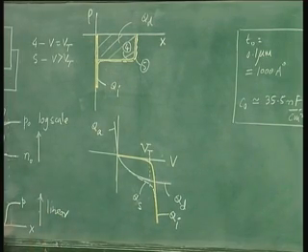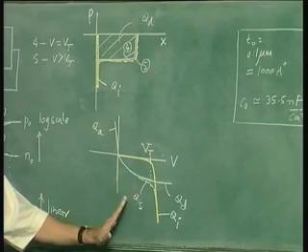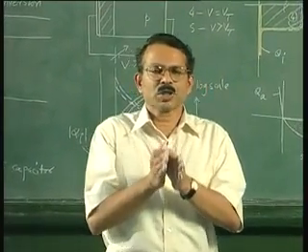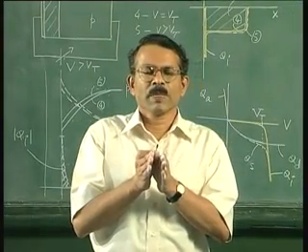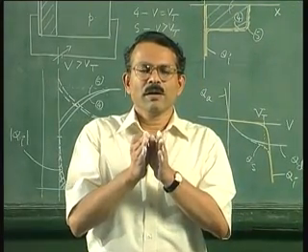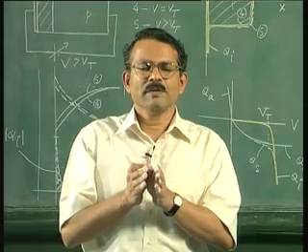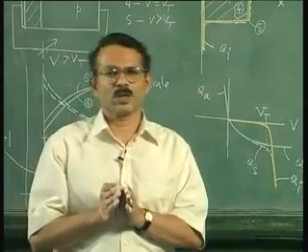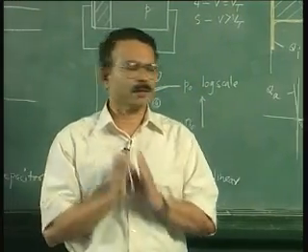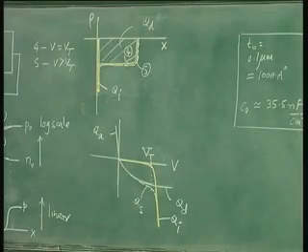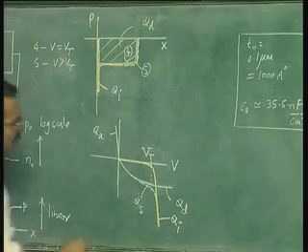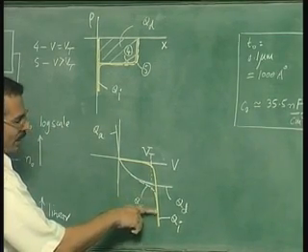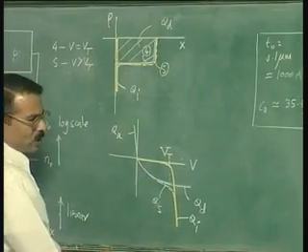Now this explains why or how the depletion region stops expanding beyond threshold, because with increase in voltage the extra charge in semiconductor comes from the mobile electrons and you are getting an inversion layer. Now what we want to do is to derive expressions for Qi and Qd as a function of voltage.